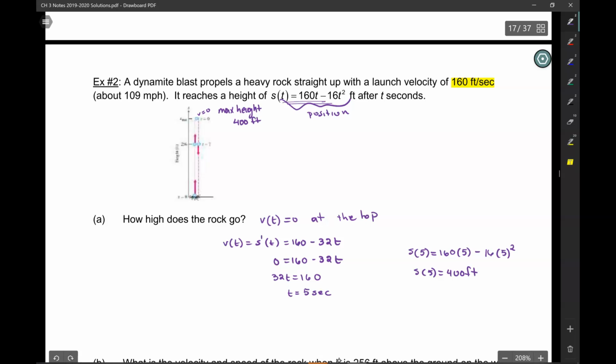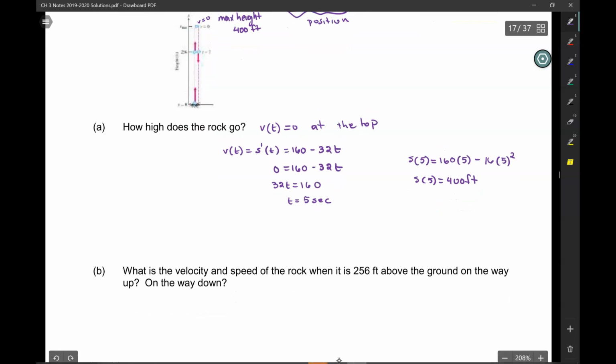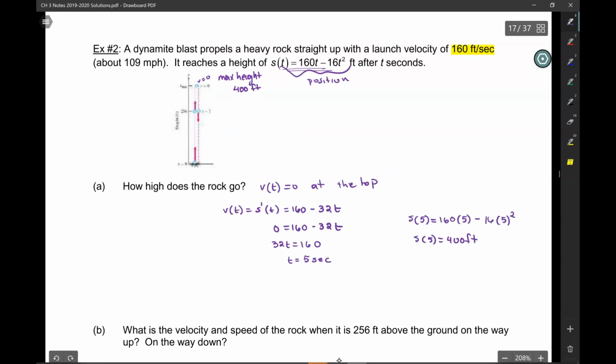Okay, what is the velocity and the speed of the rock when it is 256 feet above the ground on the way up and on the way down? So this reaches a maximum height of 400 feet. Now I want the velocity when it's 256 feet up on the way up. I want the velocity there.